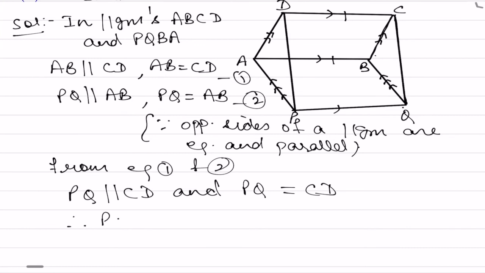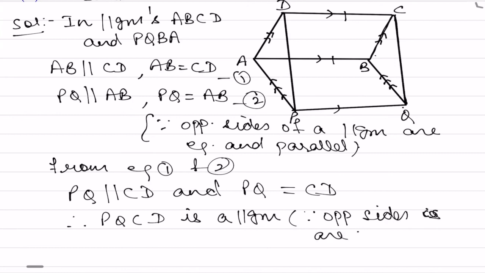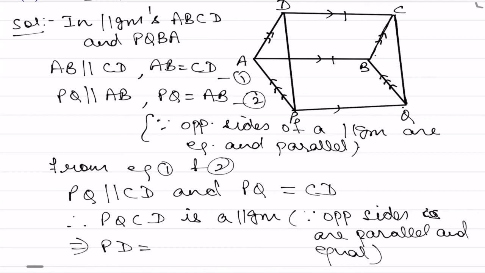Therefore, PQCD is a parallelogram, because here again we have proved opposite sides are parallel and equal. So now, since PQCD is a parallelogram, PD is equal to CQ. Both the sides are equal.